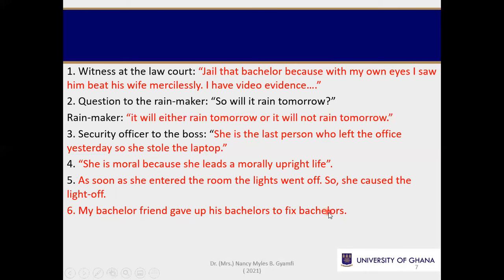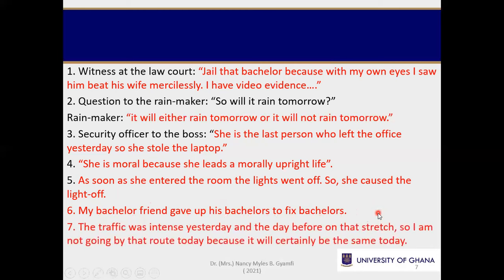Bachelor as a button for shirts. If I don't tell you and I'm using the term, I may be committing equivocation, or I may be sounding ambiguous. It's not clear what you are doing.